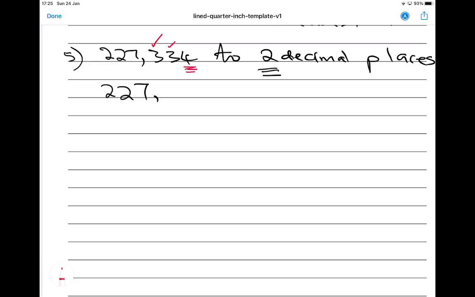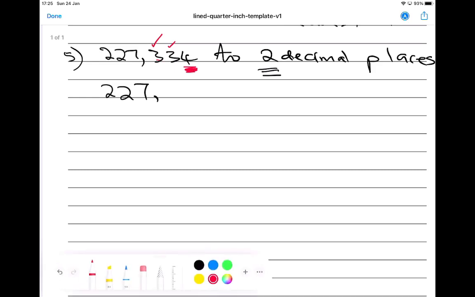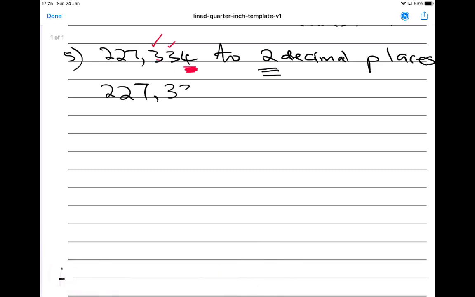But if the digit is more than 5, then we are going to add a 1 to the digit that follows. In this case, you will notice that the digit that follows after we've counted our 2 is equal to 4, and 4 is smaller than 5. And because 4 is smaller than 5, we can ignore that and just focus on the 3. So the answer is 227.33. That is correct to 2 decimal places.